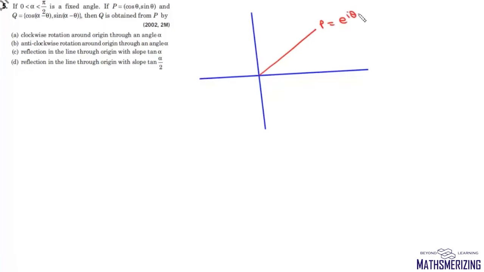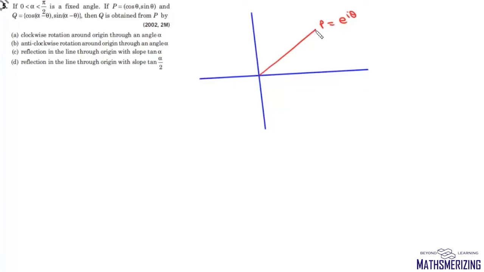Now here the question is, if P is (cos theta, sin theta) and Q is (cos(alpha minus theta), sin(alpha minus theta)), then Q is obtained from P by which of the following transformations? So in this question, we are given a point P, and let us say this point P is e to the power iota theta.